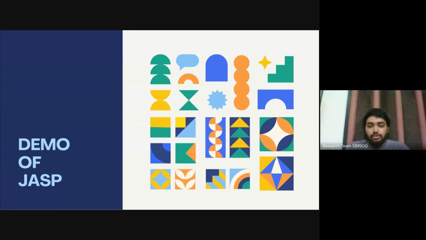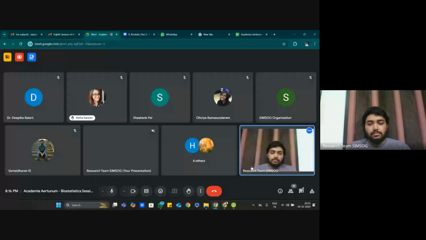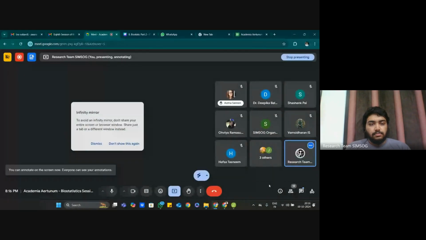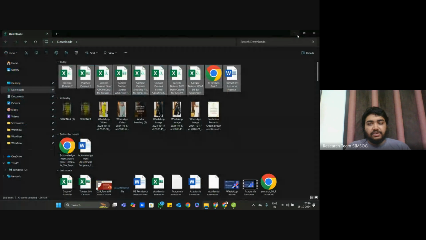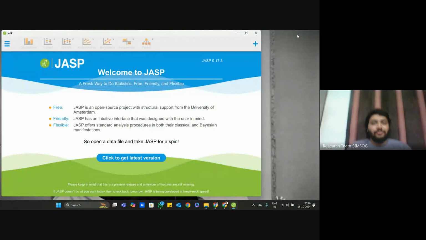So I will stop presenting at this point, and I will share my screen. Entire screen. Is my screen visible now? Perfect. Sorry for that infinity loop.